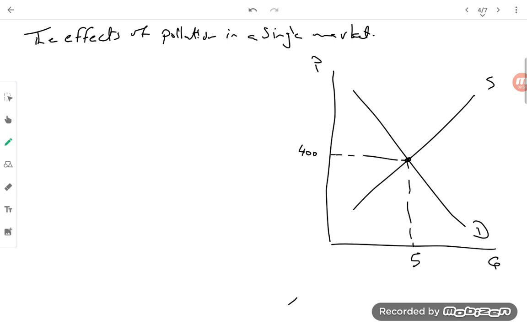So here we have to differentiate between private cost and social cost. So the curve SB in this case represents private cost, or supply curve from the point of view of the producer.